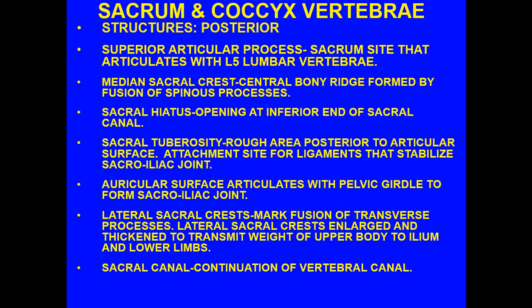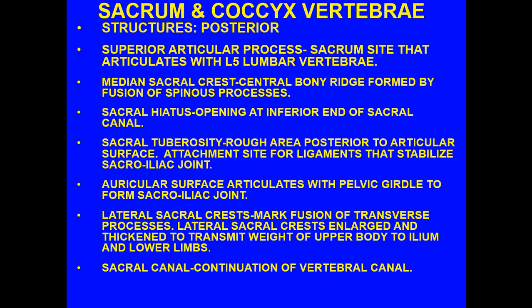You have the sacral hiatus, which is the opening at the inferior end of the sacral canal. Opening for what? Nerves. Sacral tuberosity, rough area posterior to the articular surface, the attachment site for ligaments that stabilize the sacroiliac joint. Remember, you're going to have the attachment down here for the coxal bones, basically the ilia, etc. This is where the pelvic girdle connects.